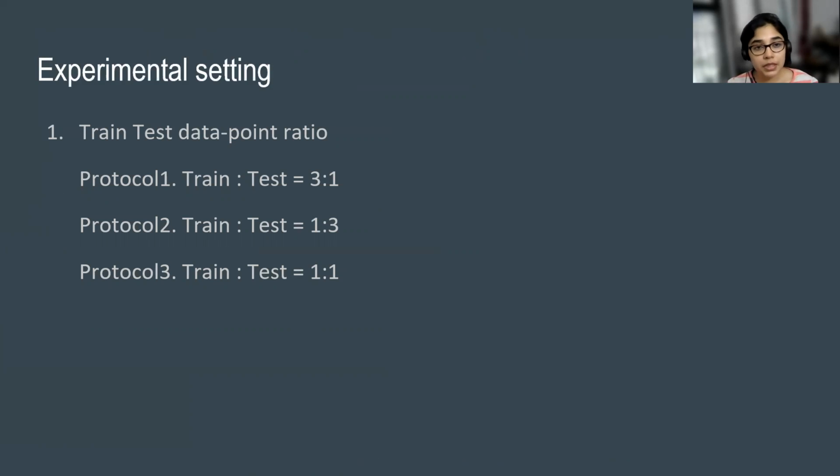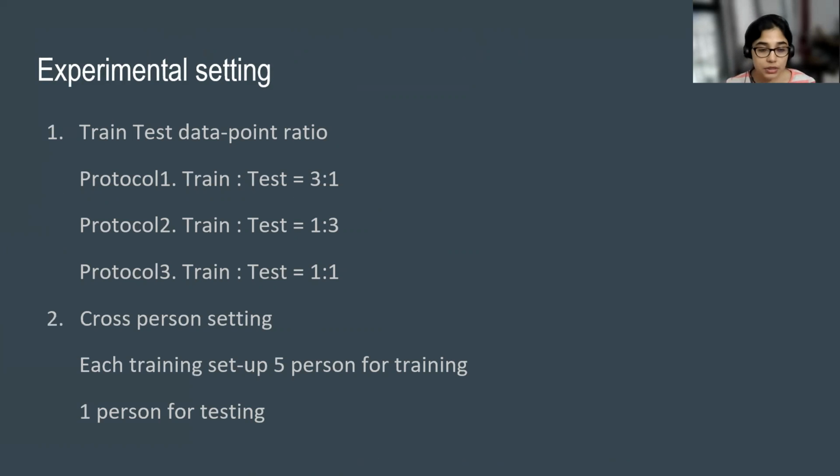We are not using any background information or any object information. We will be using two experimental settings. In the first setting, we are changing the train test ratio. The second setting is a cross-person setting. In this case, while training, we are using 5 subjects' data, and during testing, I'm using the 6th subject's data, so that the model does not see any data from the 6th. So this is a more real-life scenario.